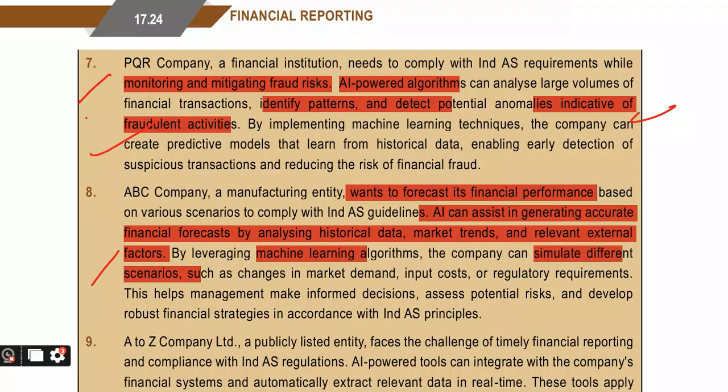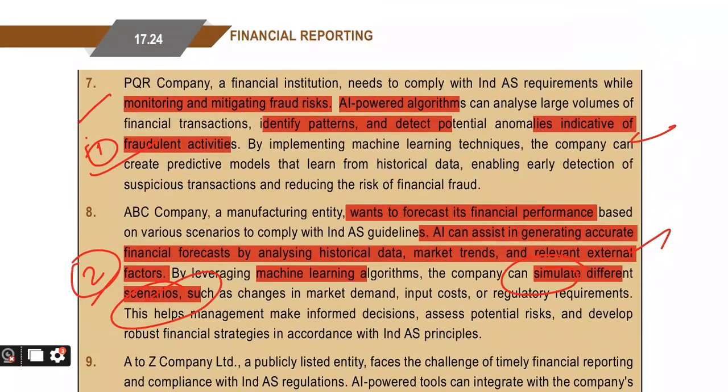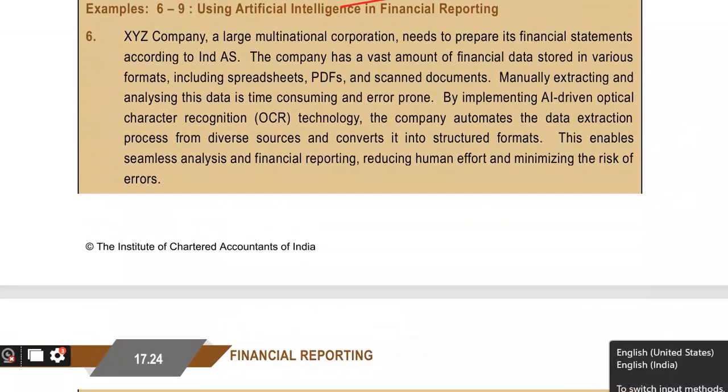Using AI will help you indicate fraudulent activity, which is one example I have chosen. The second one will be forecasting. Forecasting will help you simulate different scenarios and give you a view of different scenarios. So that is one example. These two examples I have sorted. If you want, you can also run through the other examples.